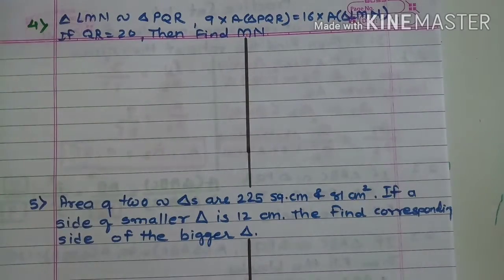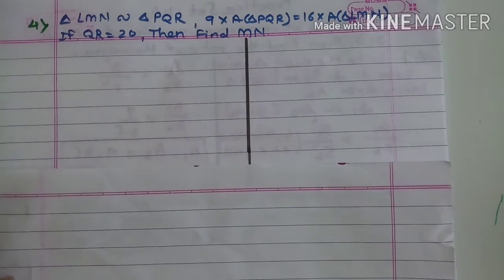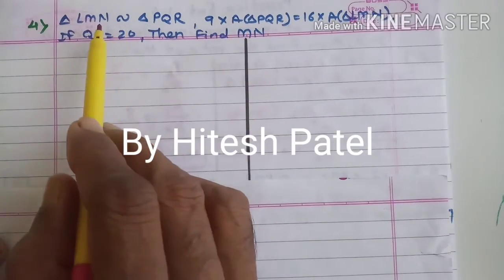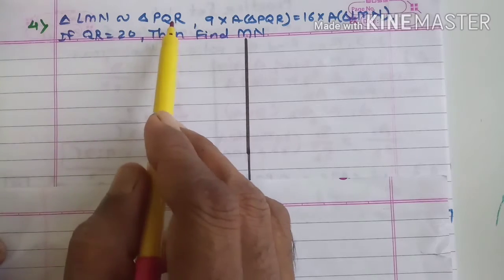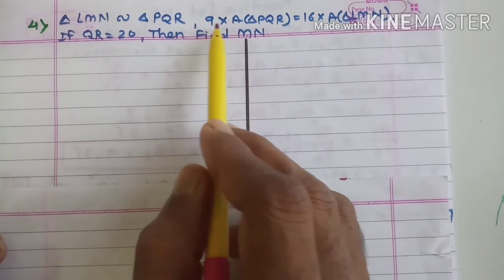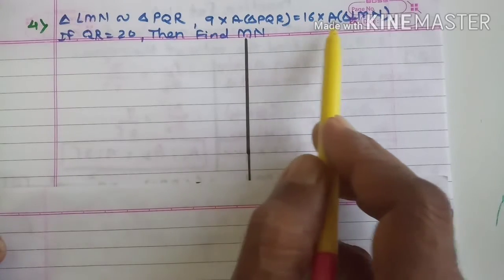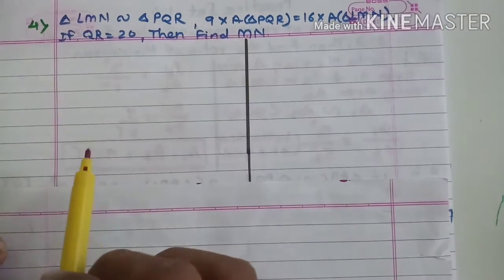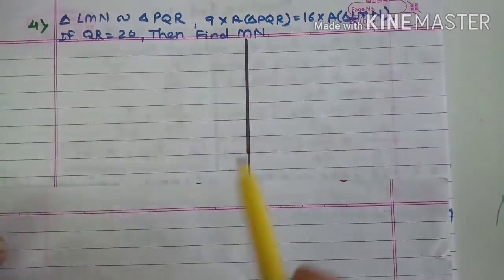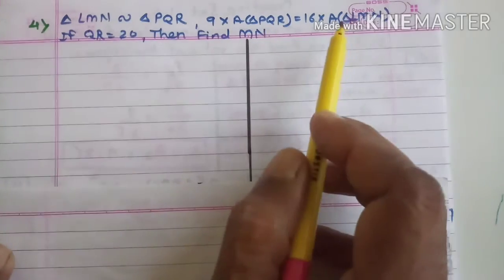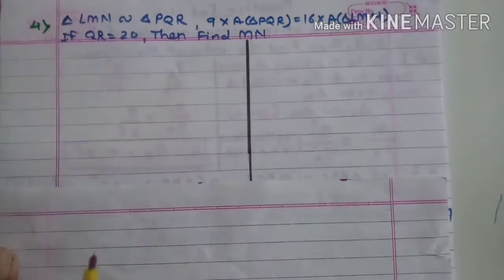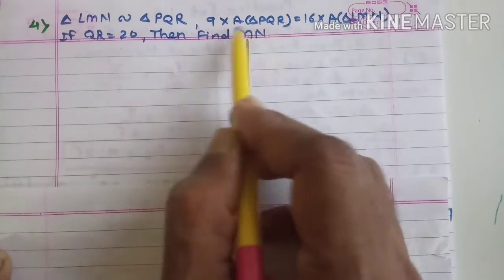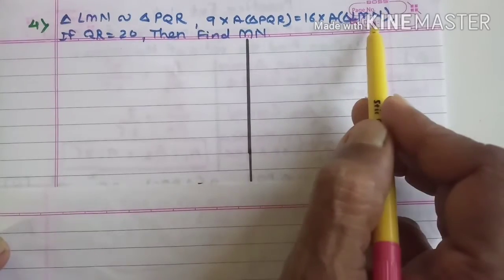Read the question. Triangle LMN is similar to triangle PQR. One relation is given: 9 into area of triangle PQR is equal to 16 into area of triangle LMN. QR is given 20, then find MN. So first of all, we don't have the ratio of areas of the two triangles, and also we don't have the ratio of corresponding sides, but we have the relation of area of triangle PQR and area of triangle LMN.